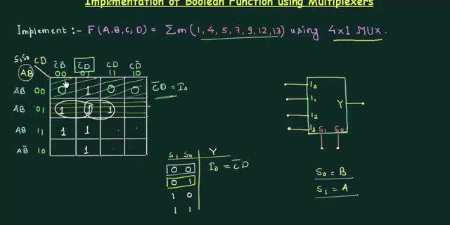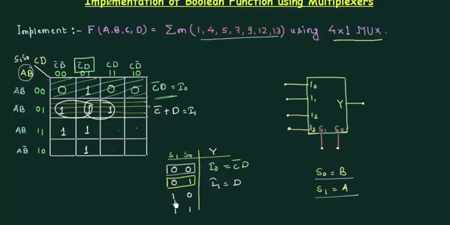So we are having C complement. Or for this group, we are having a D because C is changing from 0 to 1 and D is 1 in both the cells. So I will write D, and it is equal to your I1. So your I1 is equal to D.